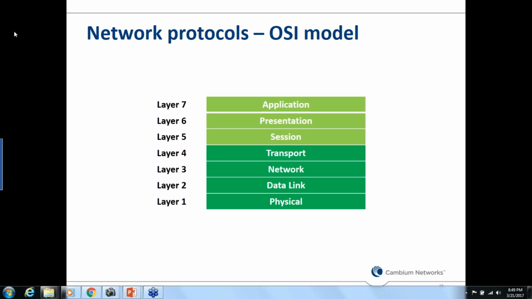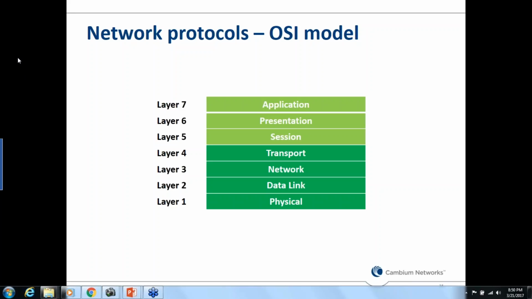Another question came up from Dwight about the OSI model. Will there be more detail on the OSI model in future sessions? I think that would be pretty useful. I think probably the most useful time to do that is in a couple of sessions' time, when we've gone through a little bit more detail about what each part of the model is. I didn't go into a lot of detail on it here because I was concerned it would be overload at this point.